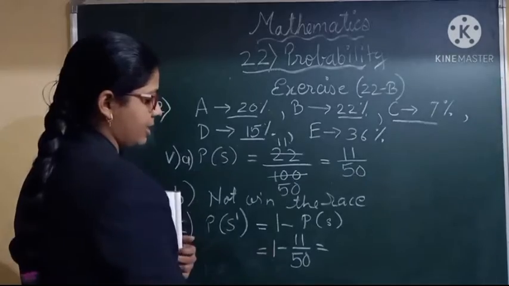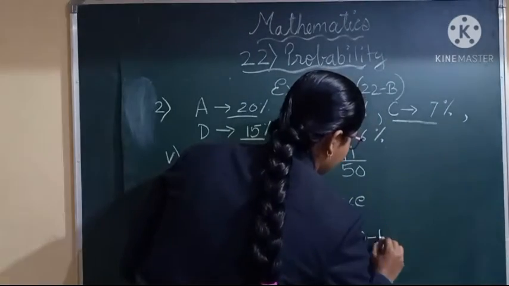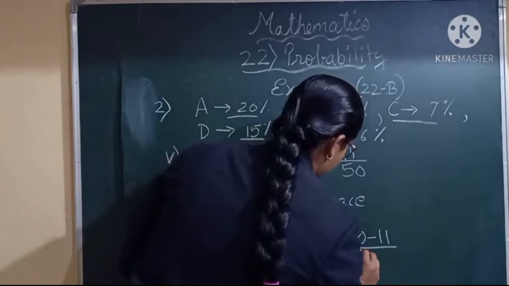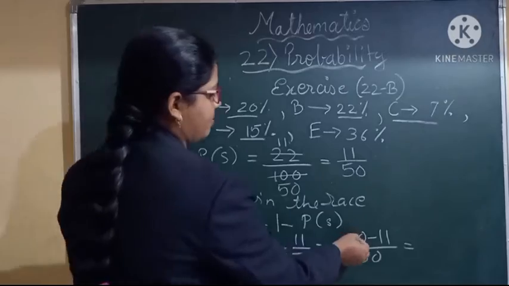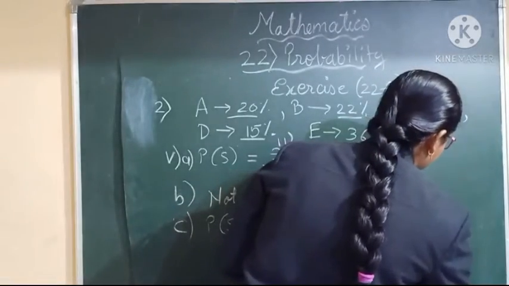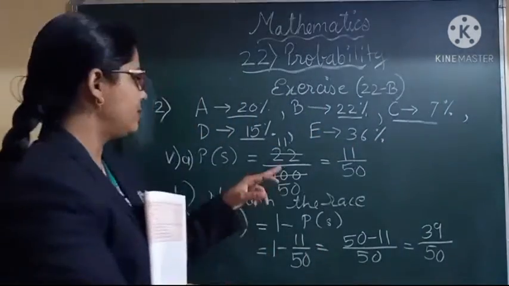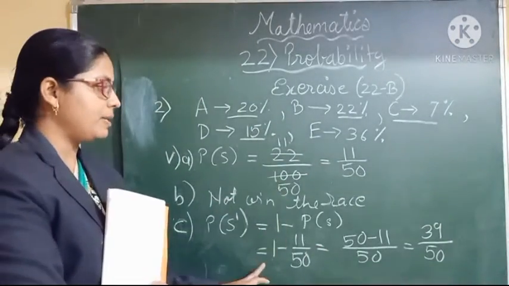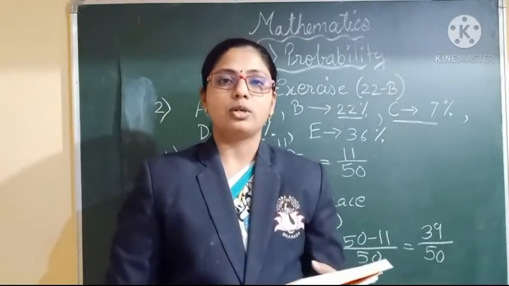Do the cross multiplication. So here it will be 50 minus 11 upon 50. After doing the subtraction we will get 39 upon 50. Okay. So in this way we can solve the example which is given. So please go through the example and solve it once.